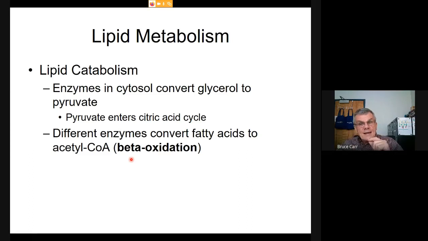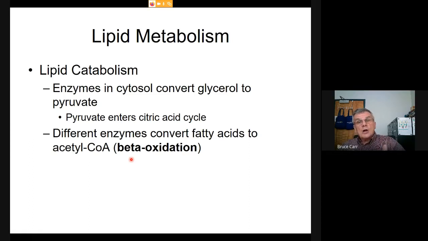And when it does that, it will make a huge number of NADH and FADH2, which are running the basic electron transport system. Now, that's 9 cycles per fatty acid, but a triglyceride has 3 of those. So 9 times 3.